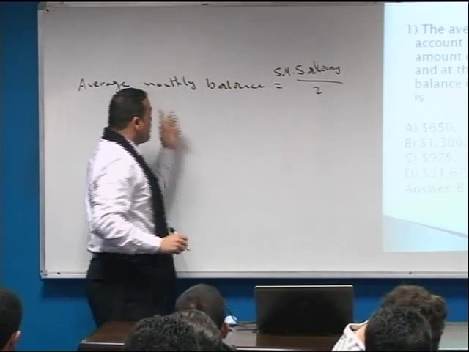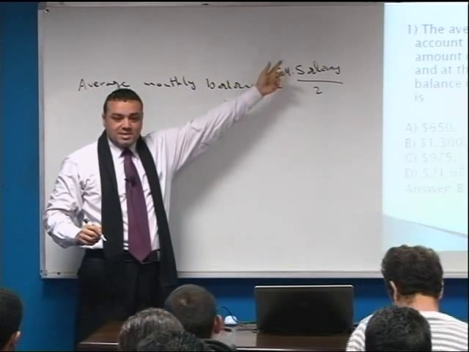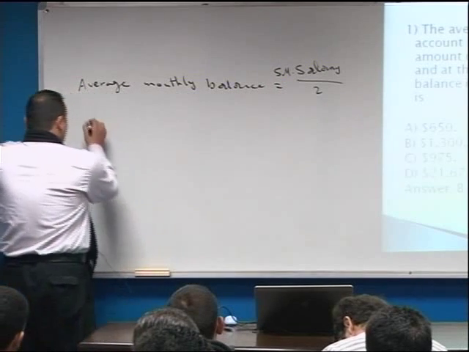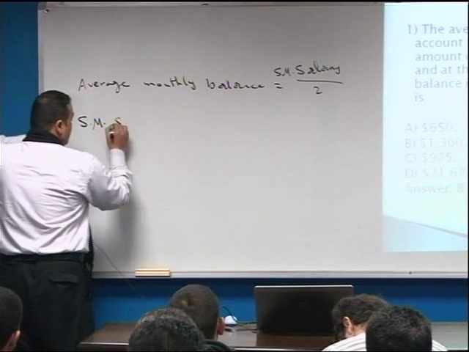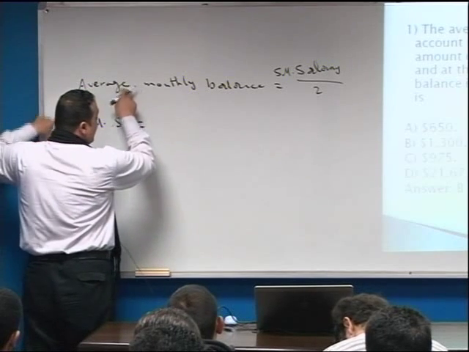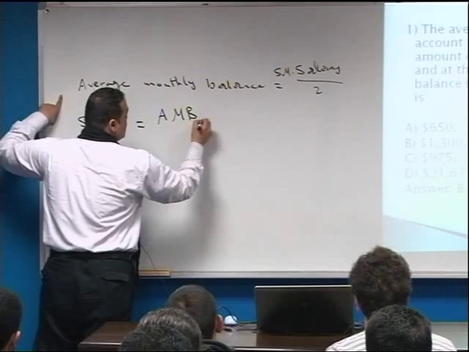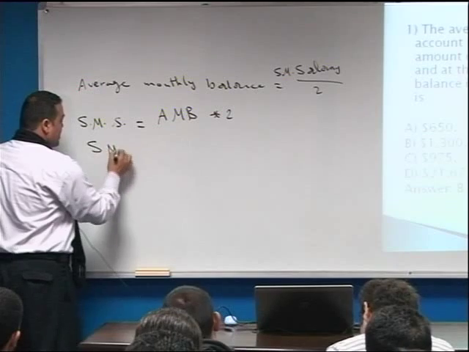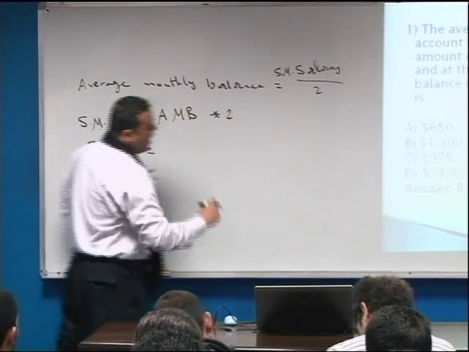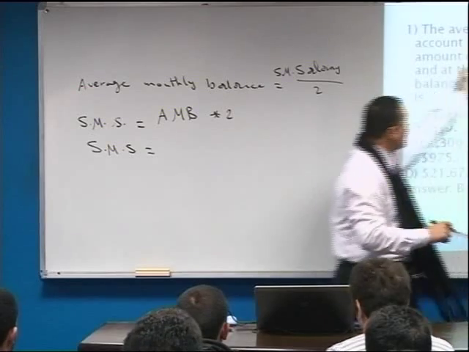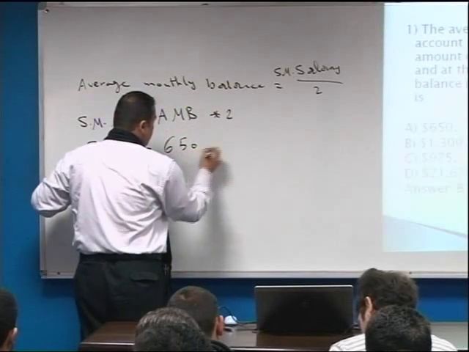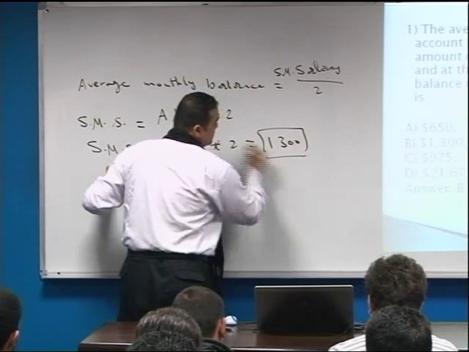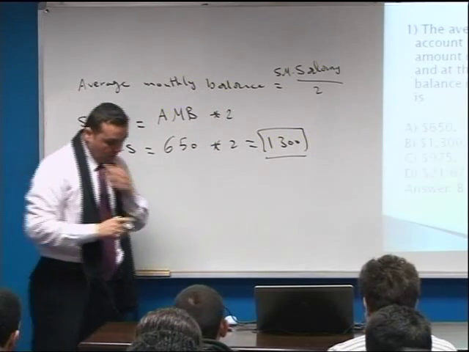So the average monthly balance equals the starting monthly salary over 2, which means the starting monthly salary equals the average monthly balance times 2. So 650 times 2 equals $1,300. Right? Okay.